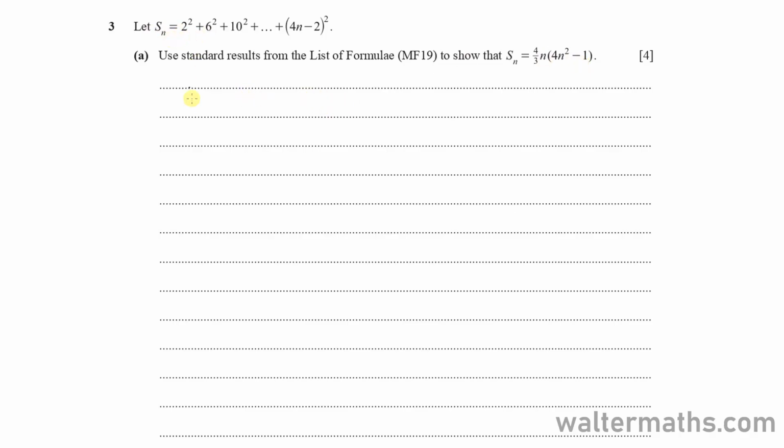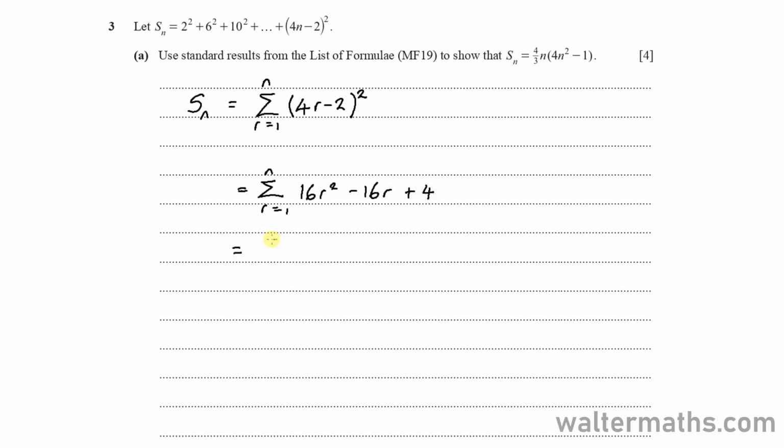So the series that we got, that's s sub n, can be written in sigma notation as the summation from r is equal to 1 up to n of terms taking the form of the last term, (4r minus 2) all squared. Now we can simplify this to the summation from r is equal to 1 up to n of, expanding the brackets here, 16r squared minus 16r plus 4.